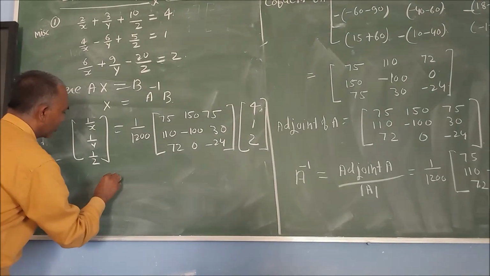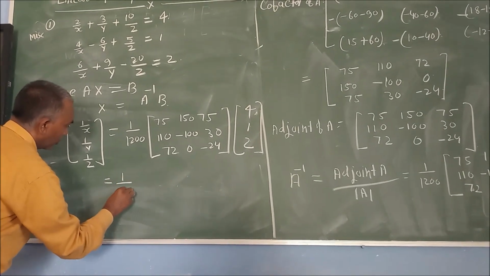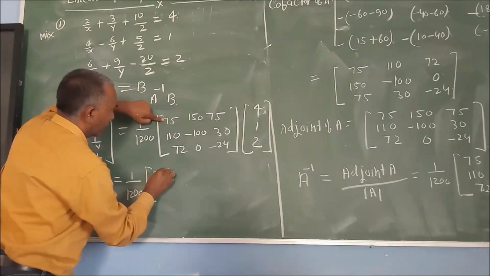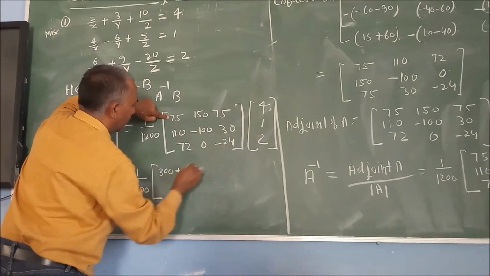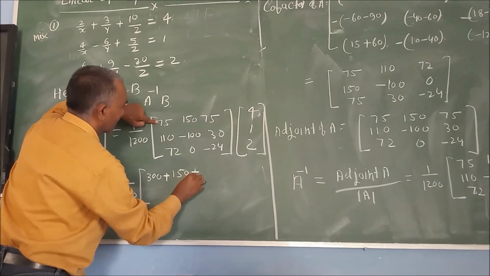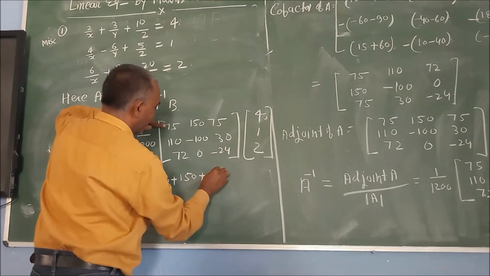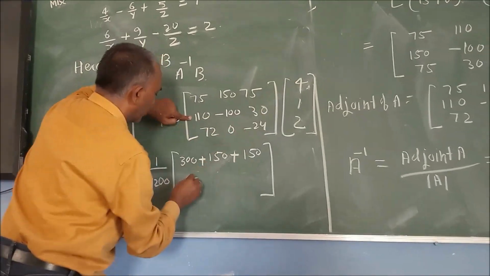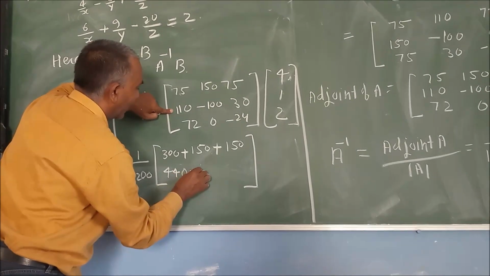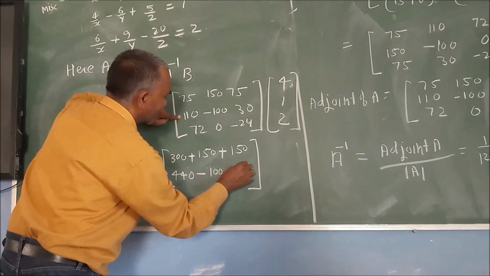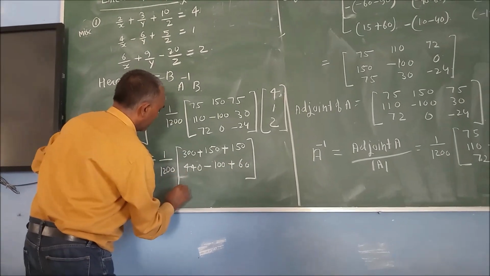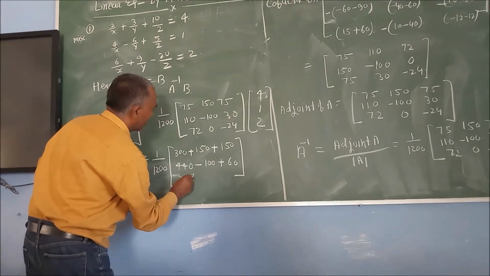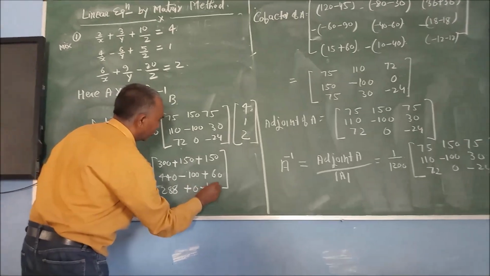So you multiply: this will equal 1 by 1200 into 75 into 4, 300 plus 150 into 1, 150 plus 75 into 2, 150; 110 into 4, 440 minus 100 plus 60; and after that 72 into 4, 288 plus 0 minus 48.